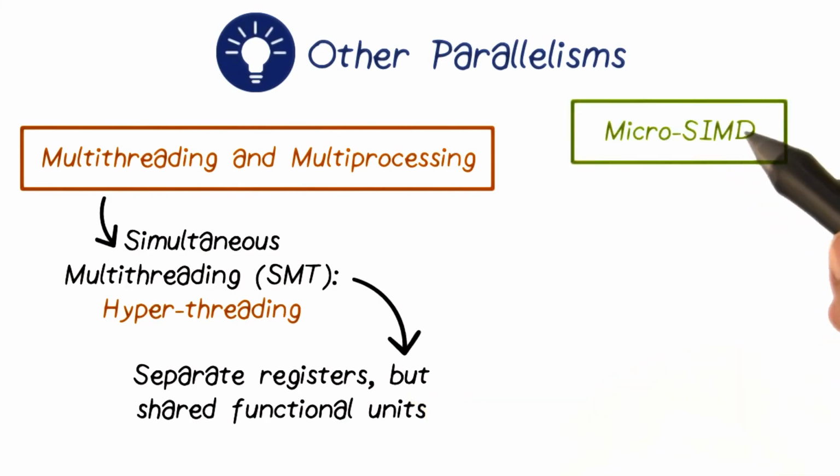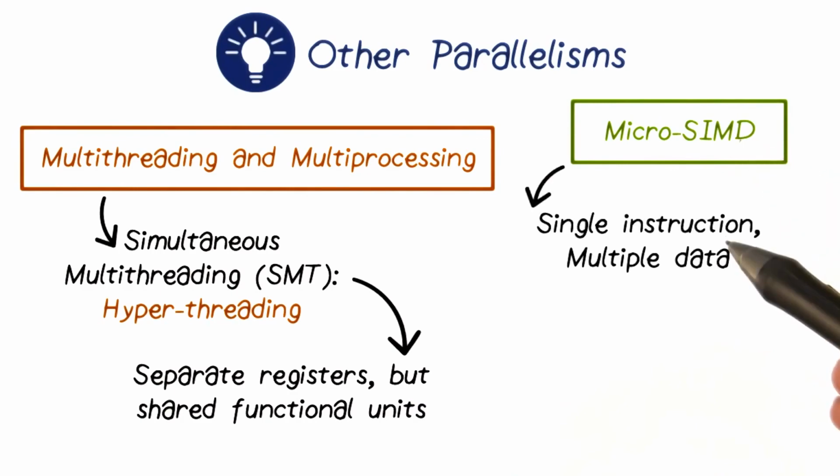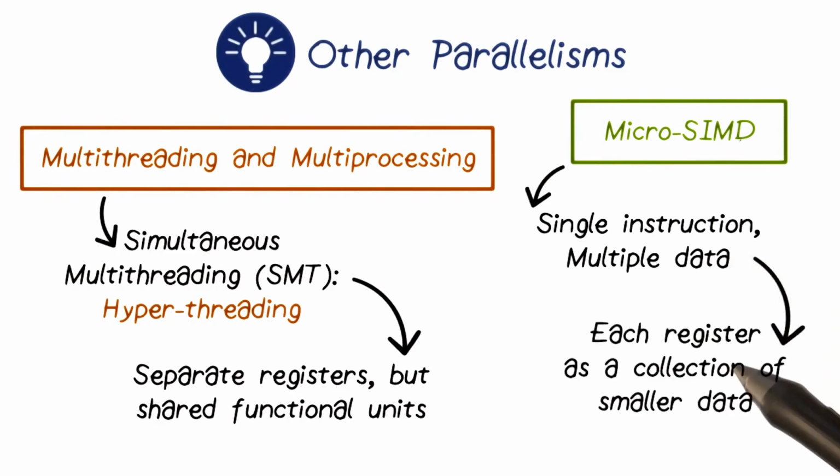Yet another form of parallelism is called micro-SIMD. What is micro-SIMD? We have a single instruction which operates on a lot of multimedia data which is packed in a particular register. Remember that unlike vector processing, here there is a single register and each register is packing multiple pieces of data. In vector processing, we have multiple registers, each with a separate piece of data.